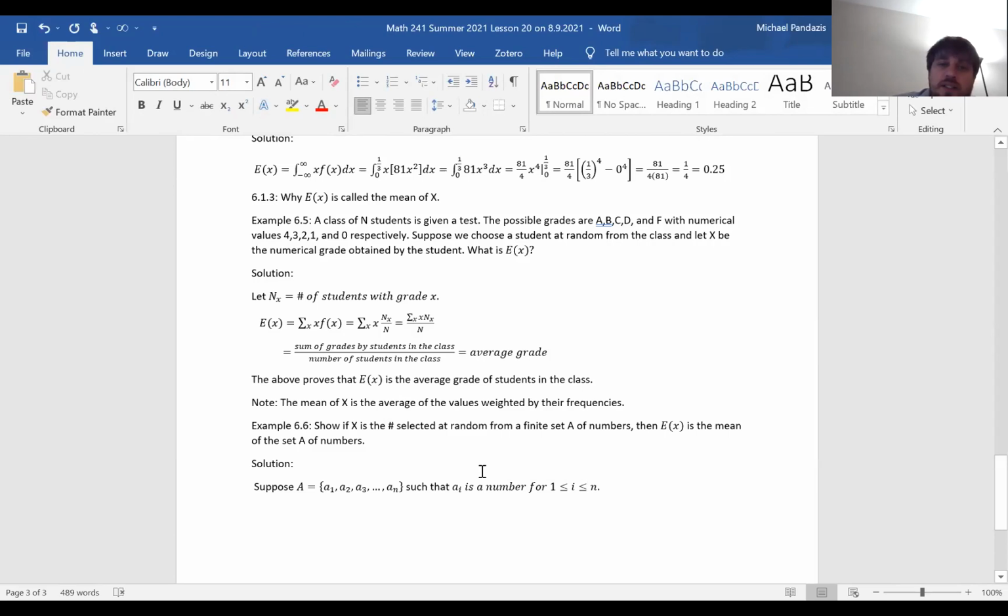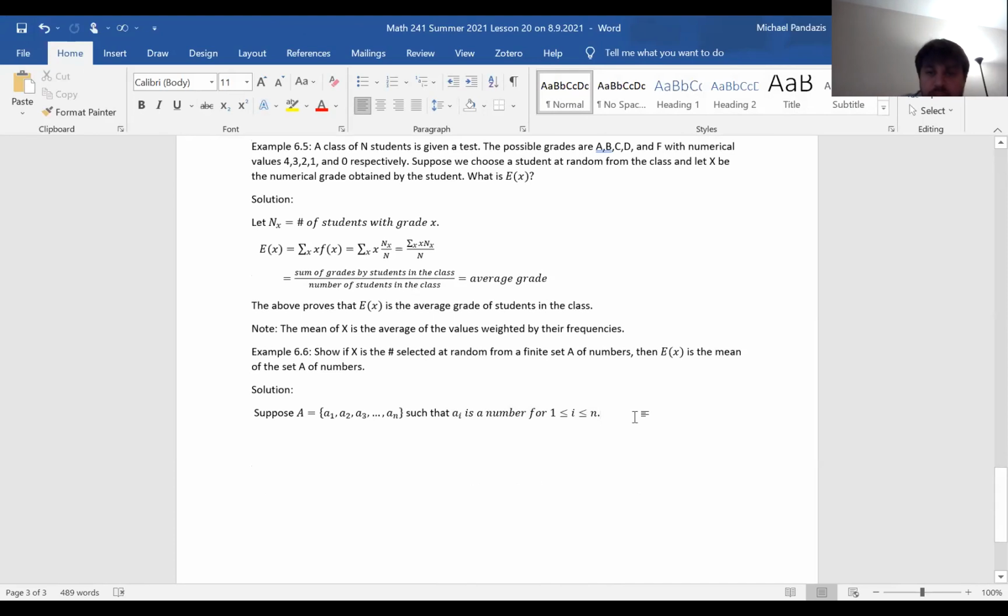Each of the a_i's are numbers, not necessarily distinct.